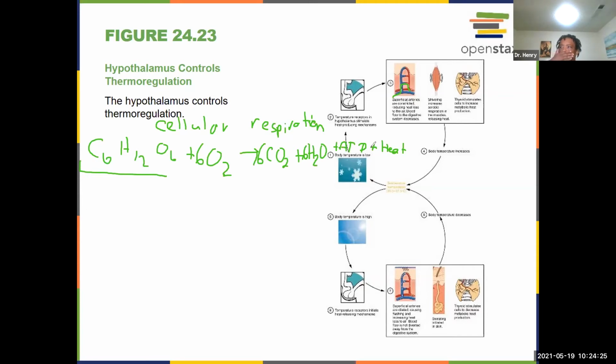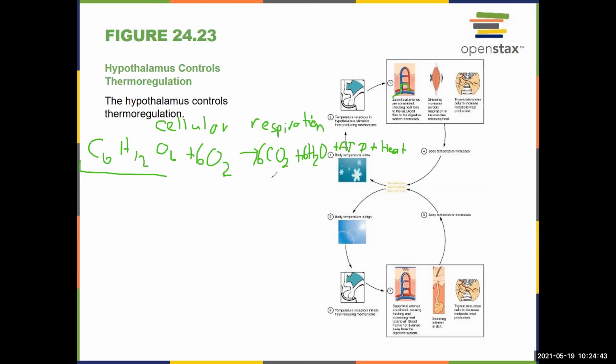Okay. So muscles are shivering, right? So if muscles are shivering, aren't they going to be utilizing this process? Breaking down some of that glycogen, making, you know? Yes. Okay.